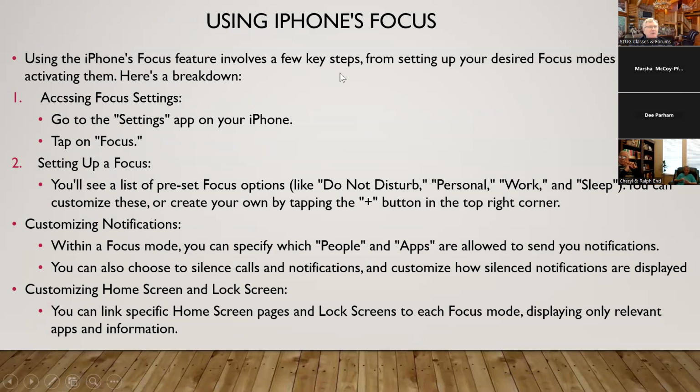Using the Focus feature involves a few key steps, from setting up your desired focus mode to activating it when you want. So first of all, where can you find focus? It's in the control center. I'm going to switch screens here.